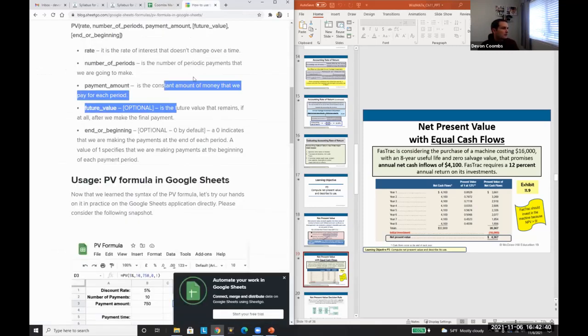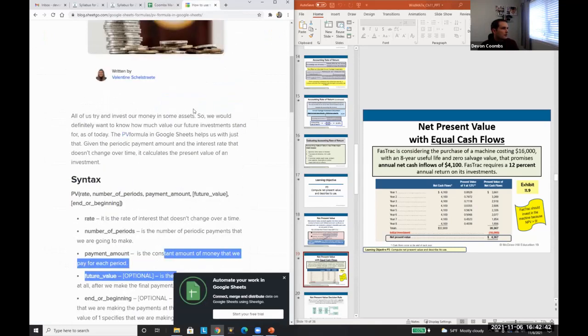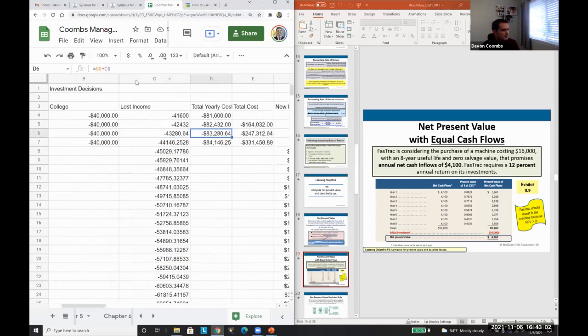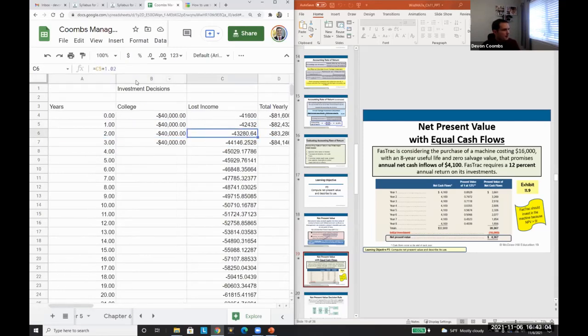Present value rate. Oh, that's why. Fix the formula. The formulas are up here, and then I'll explain them.